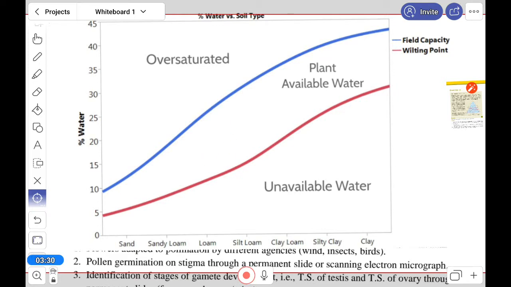For clay, the maximum comes up to 30 to 43, in that range. It means that soil to soil it can differ. So we have to do the experiment to find out the moisture content in soil.